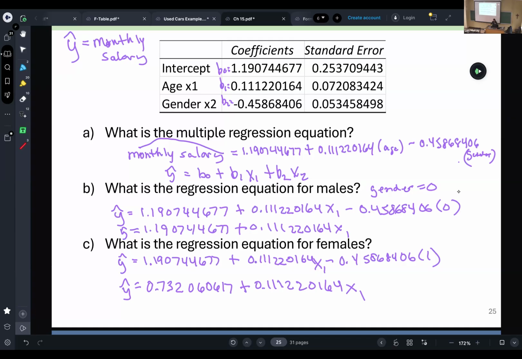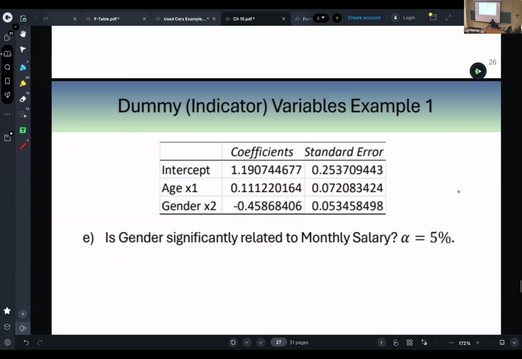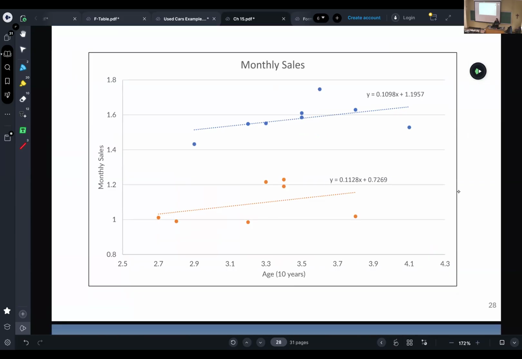If we were to draw this picture, let's see what it looks like right here. That's what it looks like. Females and the males. I have swapped the intercept, but the blue line is going to be 1.19. That's going to be the males.